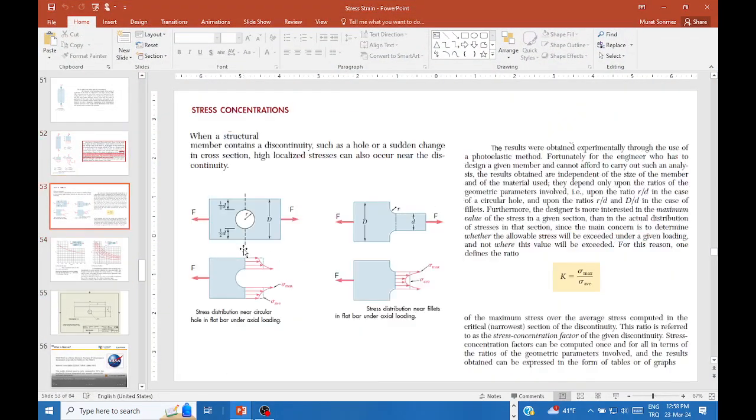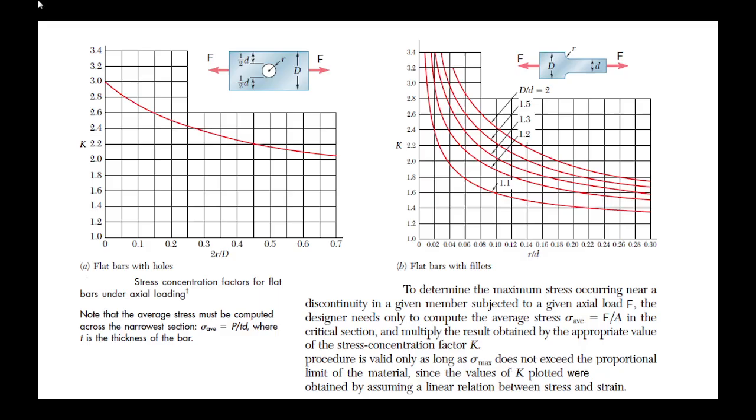Yes, where is the graph? The graph is over here. First D over D, D19, okay, divided by 50 is the geometric factor, calculated, and from the graph read the K factor. And then at the cross section, this is the critical cross section.